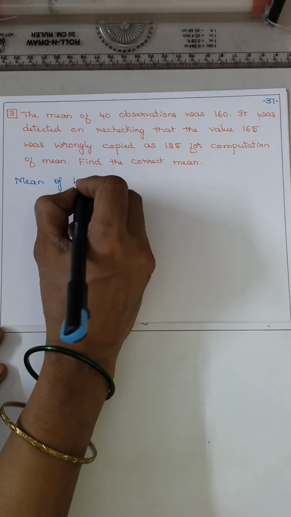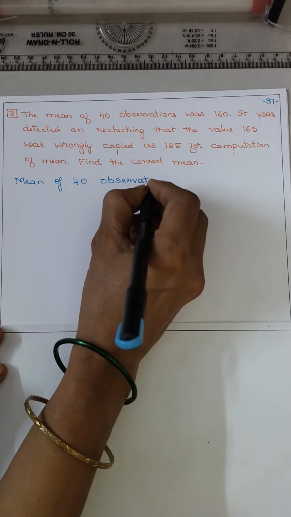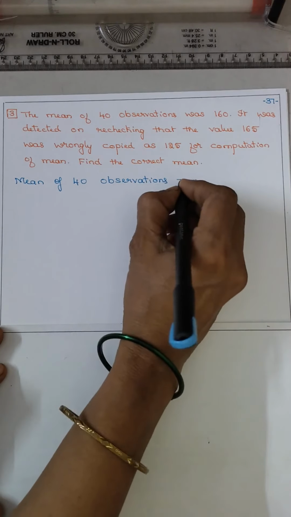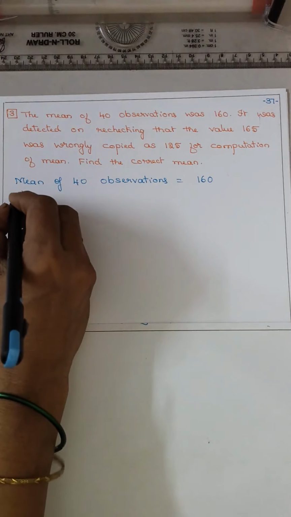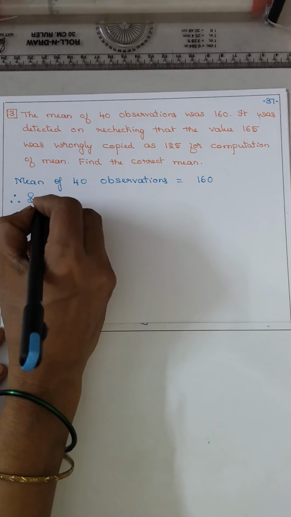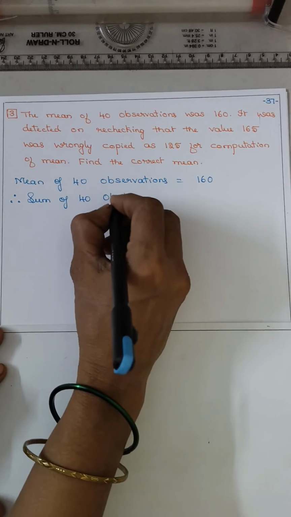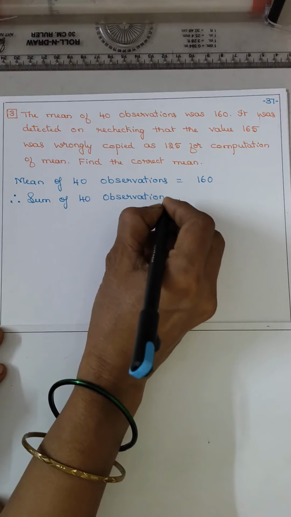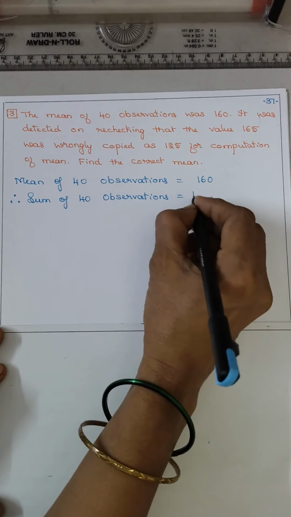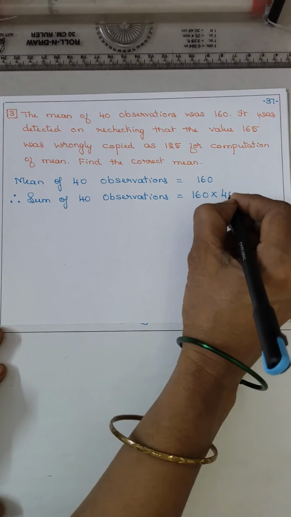So first, mean of 40 observations is given as 160. So immediately we have to find sum of 40 observations is equal to mean into the number of observations.